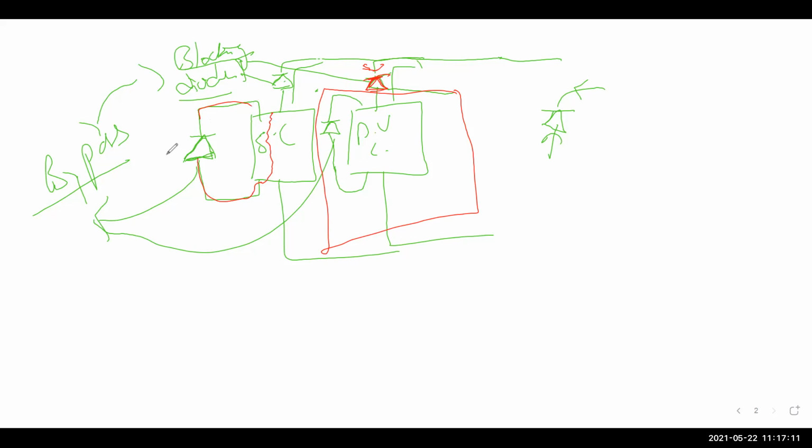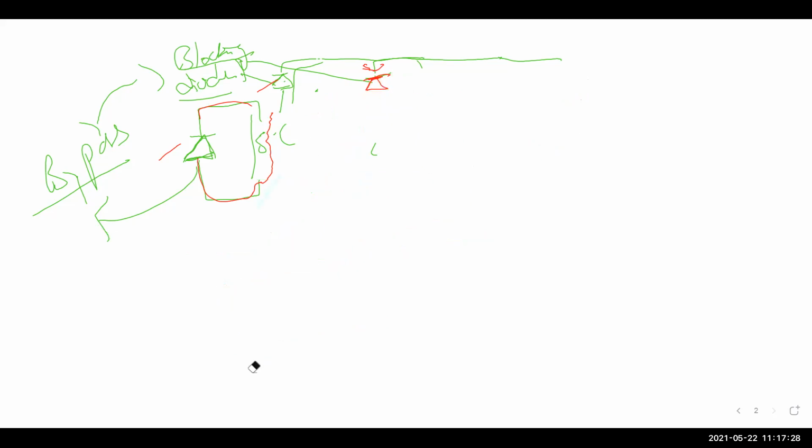Because of these two combined, it can work in any portion. This is the structure you will get, bypass and blocking diode, which could be asked. We'll go into more detail on these in later classes.